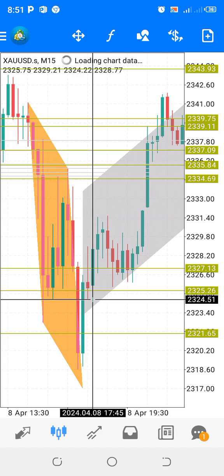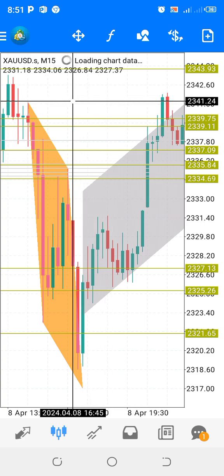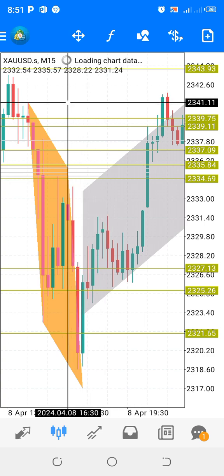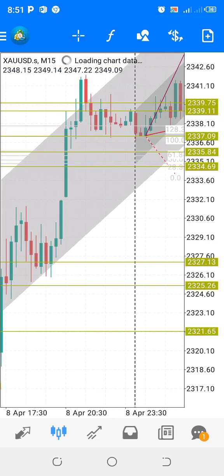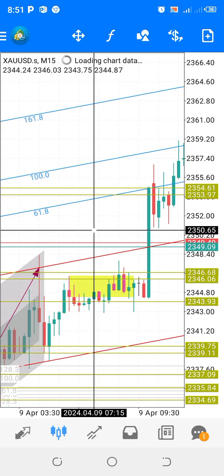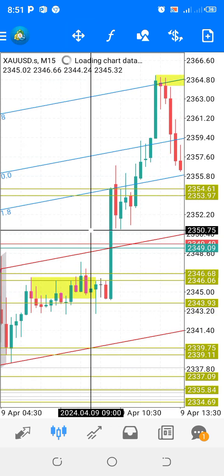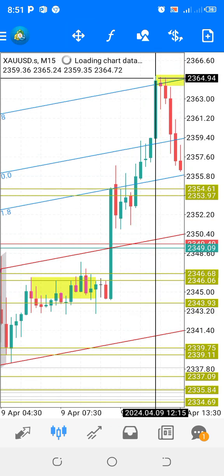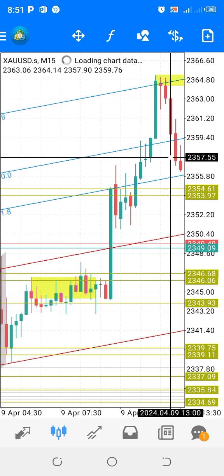So 2324 to 2344 is the first 200 pips move, which goes above the 2341 ISL here. Then 2344 to 2364 is the next 200 pips move, which you can see the market made completely when it got to 2364, and that was where it did what? The new correction coming down.